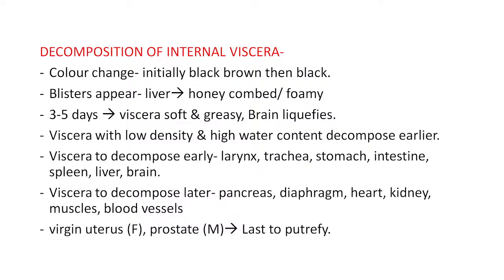In color changes, we have seen how they took place. From where do they start? Superficially. Color changes of decomposition, first color change will be seen at which site? Right iliac fossa, right? So here the first change of decomposition will be seen in the form of greenish discoloration.